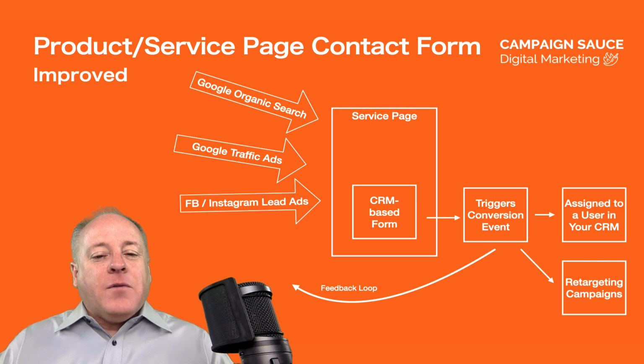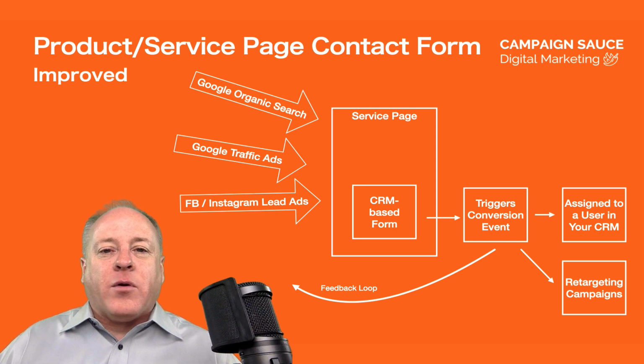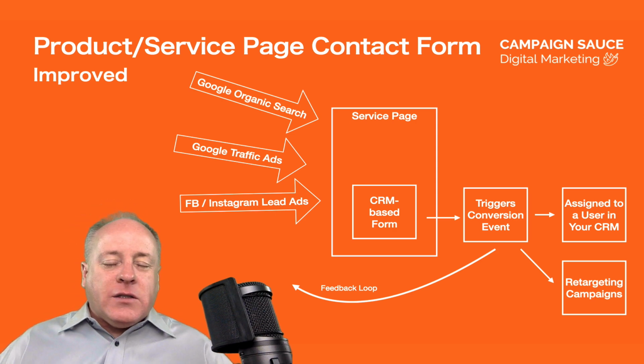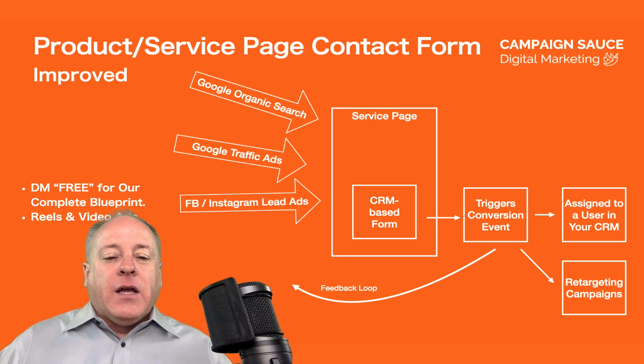So moving forward, now we can start branching. Now that we have these conversion events firing, we can plug that into whatever other platforms you enjoy advertising on. Usually folks are going to have some kind of ads running on maybe Facebook or Instagram.